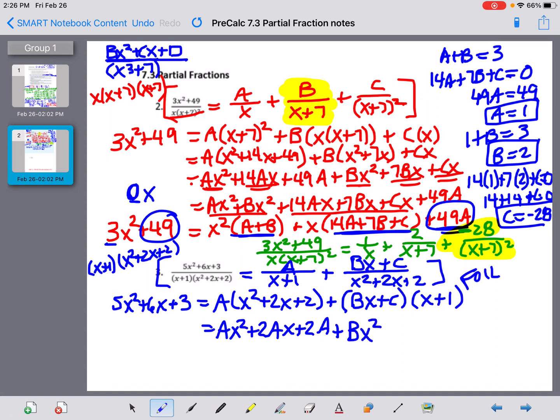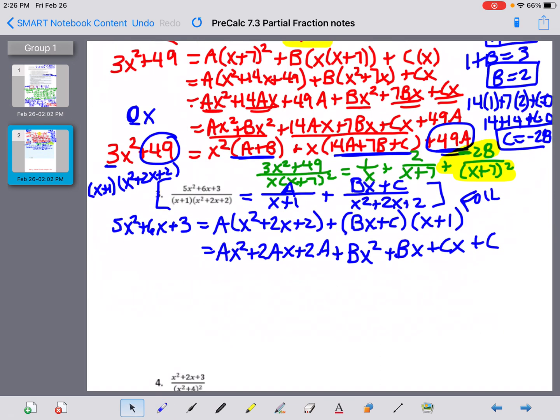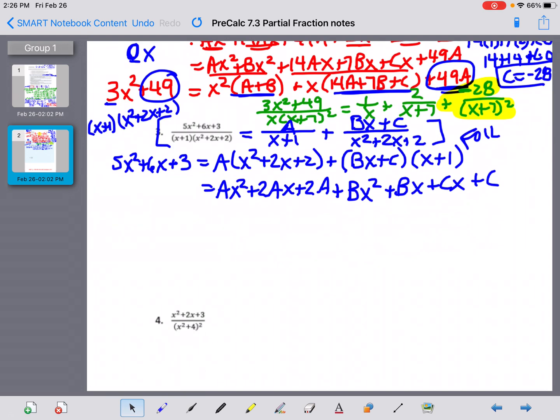That takes care of my first. On the outsides, I have bx times 1, which is bx. On the insides, I have c times x, which is cx. And last, I have c times 1, which is just c. Okay? So be careful with your algebra, because that's going to be a big problem if we're not real careful on our algebra on these, okay?